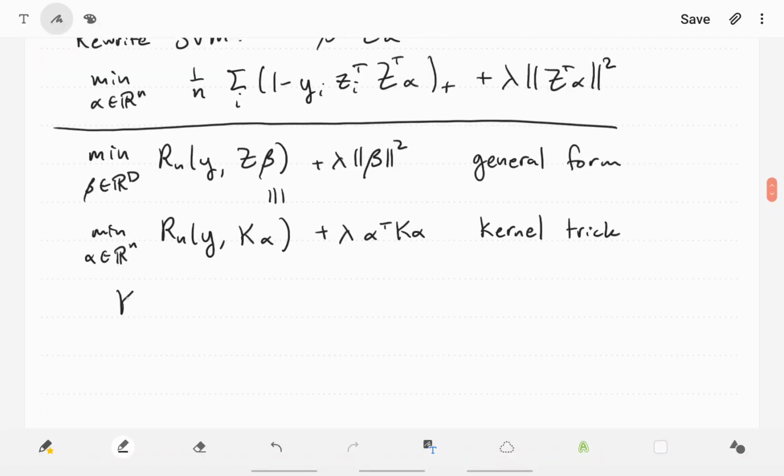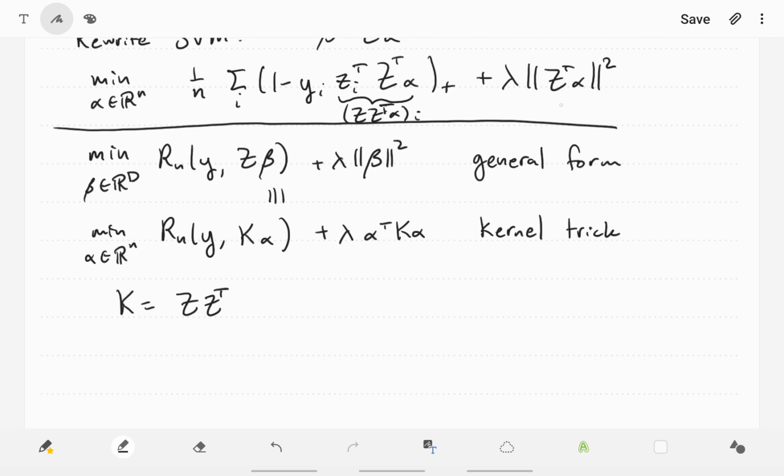K is just equal to Z Z transpose, because here this is Z Z transpose alpha sub i, and so this is only dependent on K alpha.